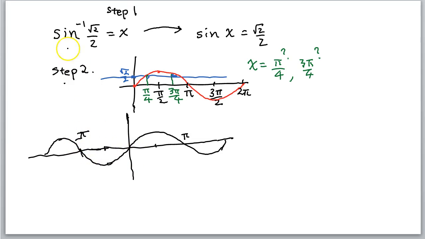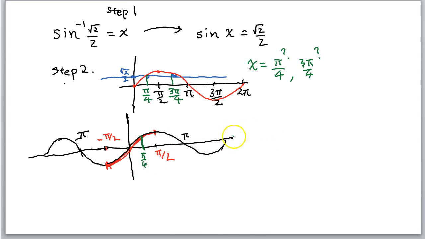Now, they looked at this graph and decided to take only the portion from negative pi over 2 to pi over 2, from here to here. And in this interval, the only angle that will produce square root of 2 over 2 is exactly pi over 4. That's the only solution, right?